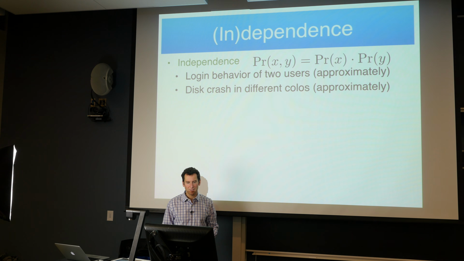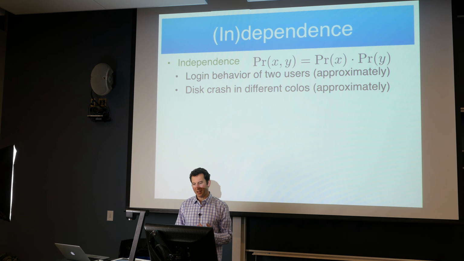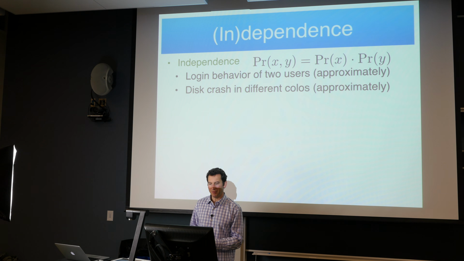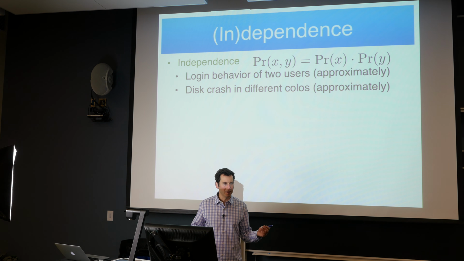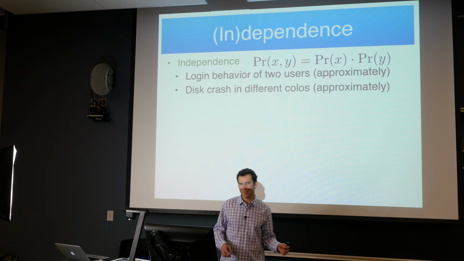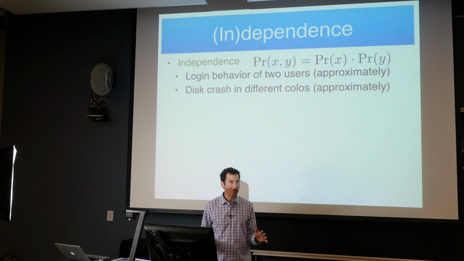Next thing to look at is independence. Suppose I have two random variables, x and y. Then they are independent if p of x and y is given by p of x times p of y. So where could this happen? For instance, if I have two users who log in, then approximately their login behavior is independent of each other unless they live in the same household or something like that. And crashes in different colos are approximately independent.